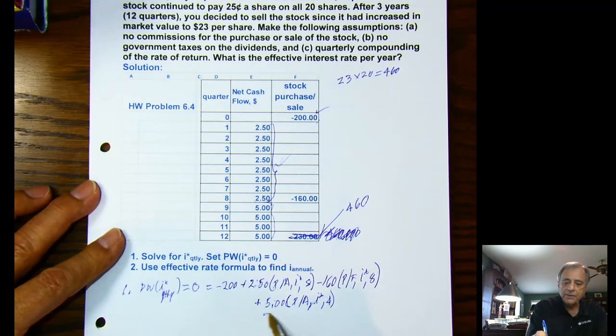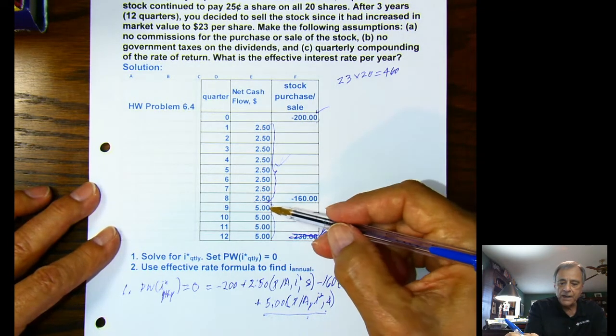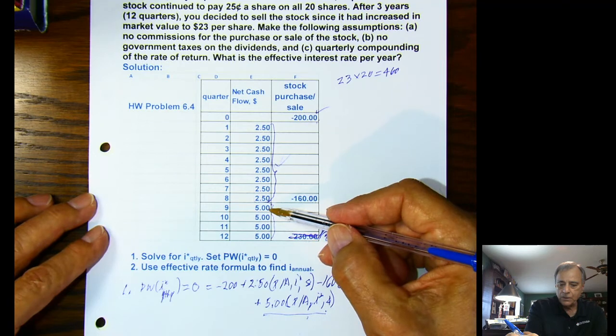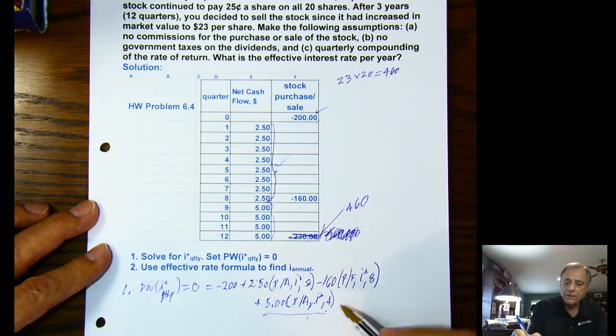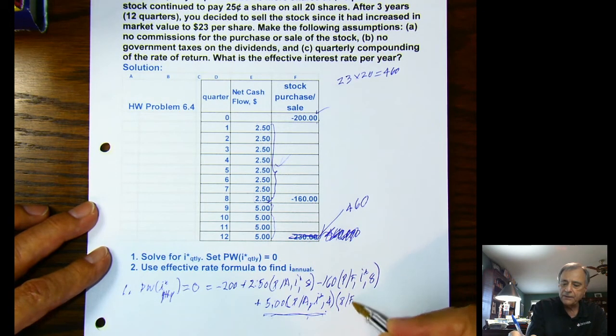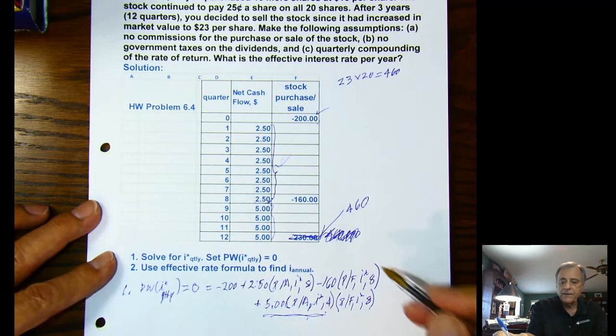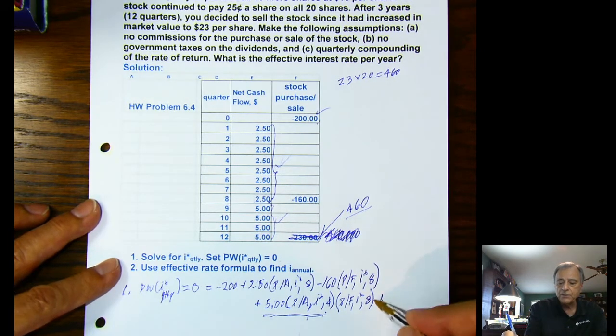But where's this number now? This number is at the beginning of the 9th quarter. But that's the same as the end of the 8th quarter. So now I have to bring that single amount back, P given F, I star, and 8 quarters. And then finally I have this 400. So I've accounted for that now. And then finally I have the plus $460, P given F, I star, and 12 quarters.